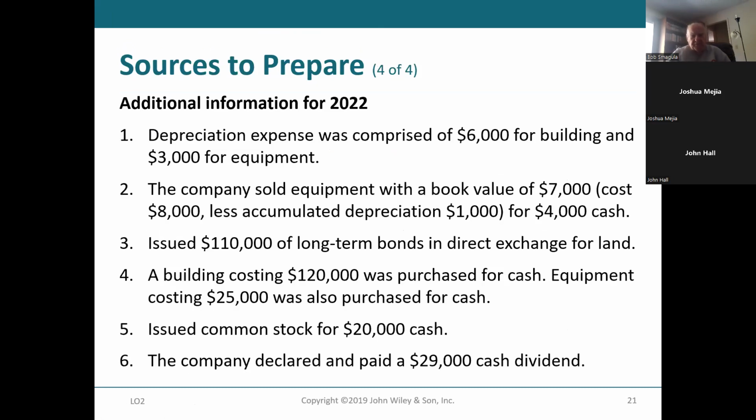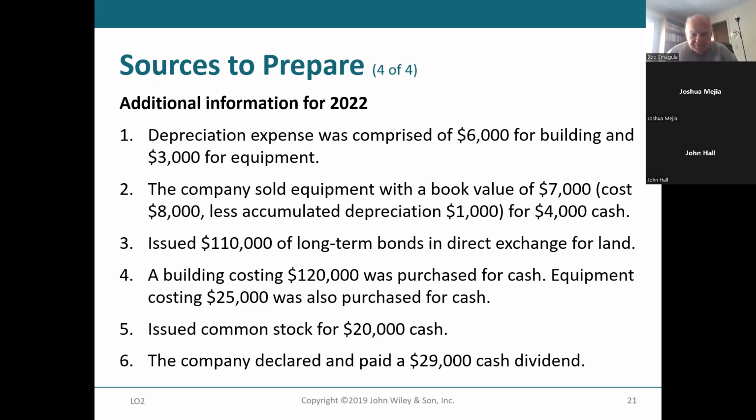Here's some more information though. Depreciation expense was comprised of $6,000 for building and equipment. The company sold equipment with a book value of $7,000. Cost was $8,000, less accumulated depreciation. They sold this asset for $4,000. They issued bonds.